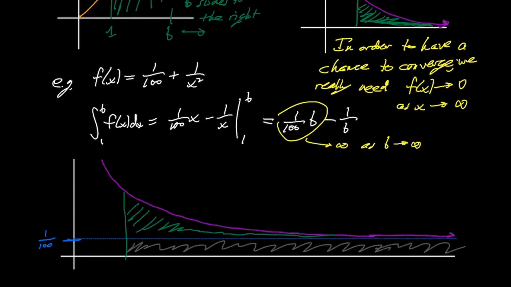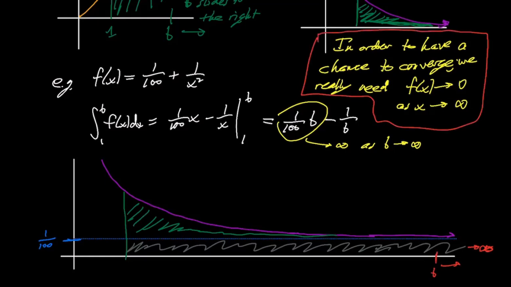Again, as we slide the b to the right, this area is going to go to infinity. And so you can see why I'm trying to give a justification for this: you really need the function to go to 0. That's the only case in which you're ever going to have a finite area.